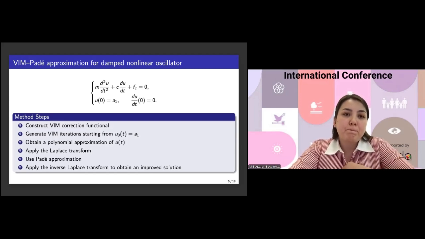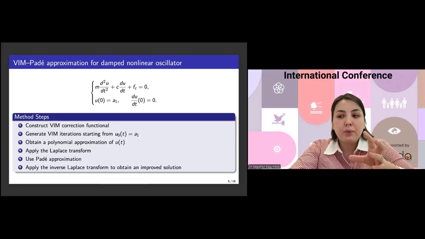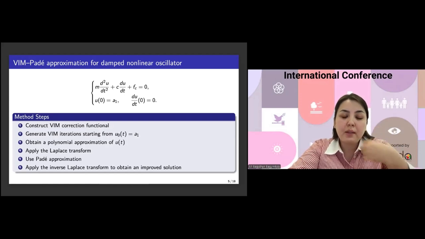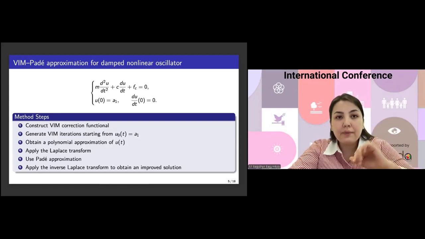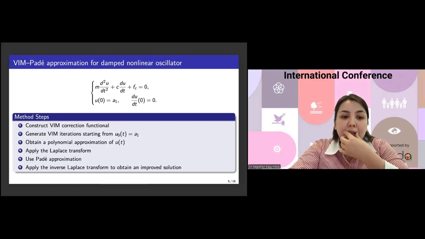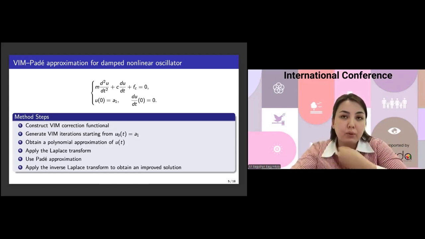But obtaining just a polynomial approximation is usually good only for very short times. So in order to improve this, we applied the Laplace transform, then the Padé approximation, and finally the inverse Laplace transform in order to get our final solution.